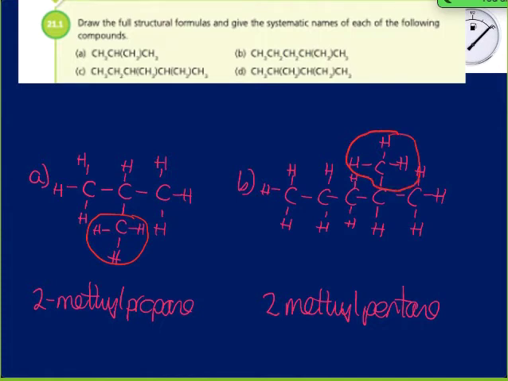So you just make sure you have, for the prop, 3 carbons and a methyl group coming off the middle carbon. And in the pent, you have a 5-carbon chain, and you can put it off this one if you wish. You can start your numbering from the left. I just started it from the right. And as long as it's off the second carbon, the SEC will be happy.